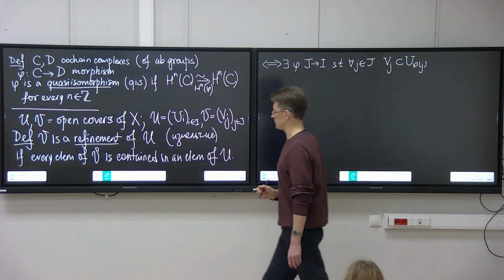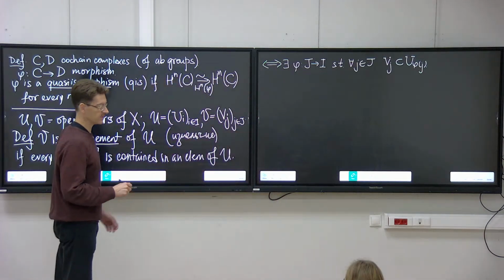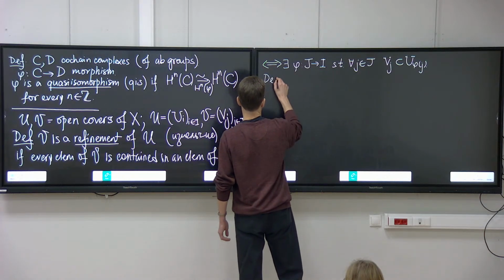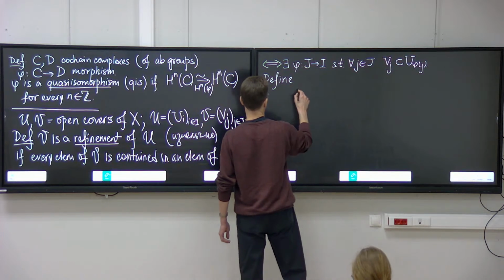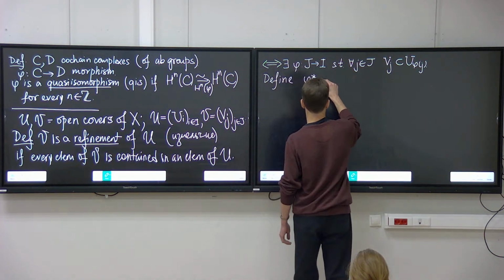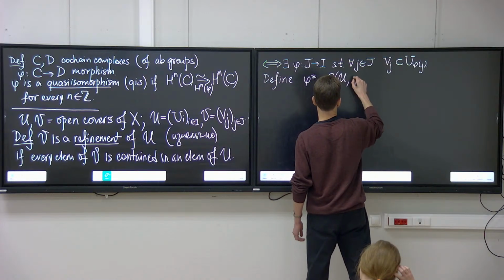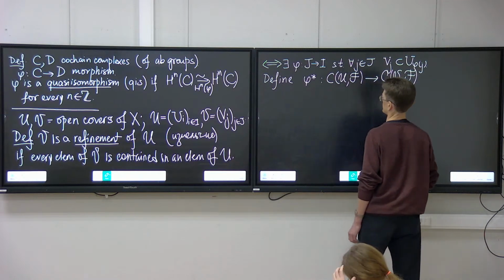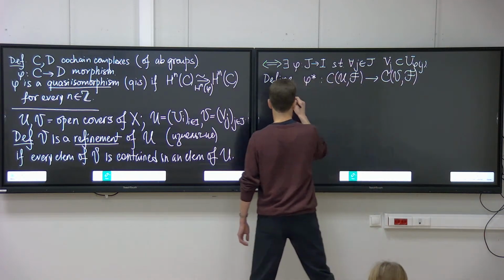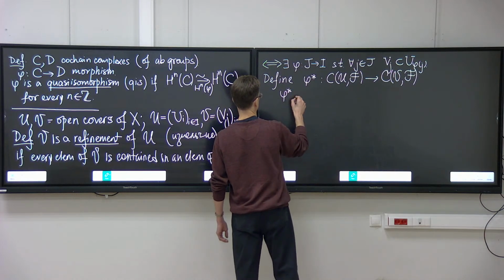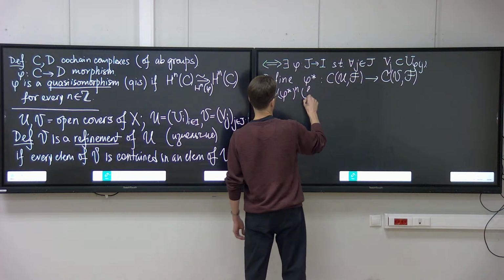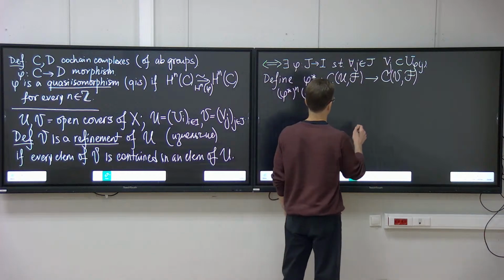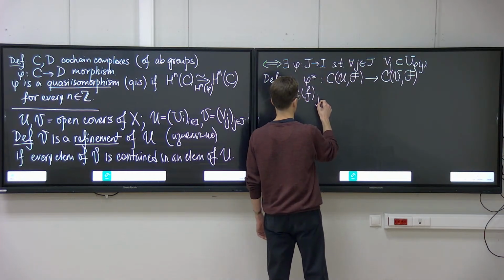And in this case, we can define the so-called refinement morphism between the respective Čech complexes, phi star, from the Čech complex of the bigger cover U to the Čech complex of V for the same sheaf F, as follows. In degree n, this morphism takes an n-cochain of F over U to an n-cochain over V given by the following formula.